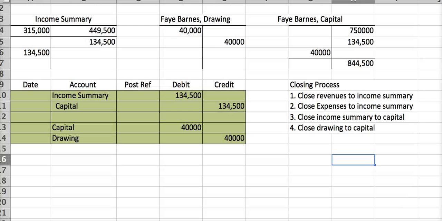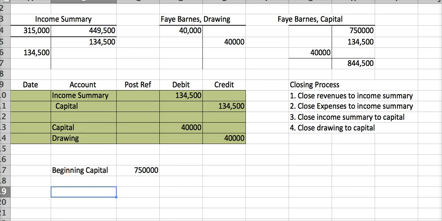I want you to notice that this is the same thing as if we would have made a statement of owner's equity. Statement of owner's equity would have said beginning capital equals $750,000, and then you would add net income, which would have been in income summary, 134.5, because that's our revenues minus expenses, less drawing, which would have been 40,000, gets us to our ending capital number.